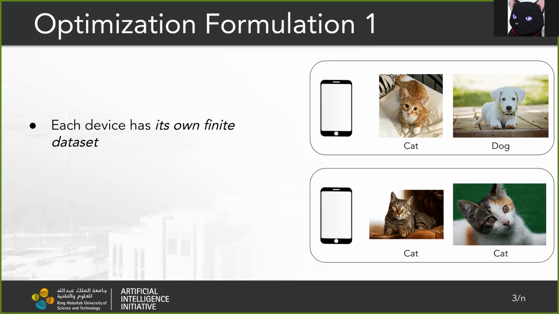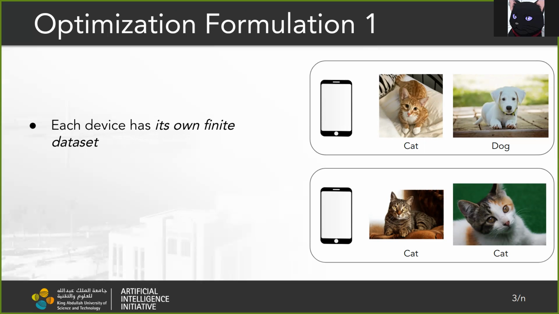And as in the picture, the data on these devices doesn't have to be balanced. So the number of data points cannot be the same. Here it is the same, but it can be different. And the classes or labels can also be very biased on one client and so on.